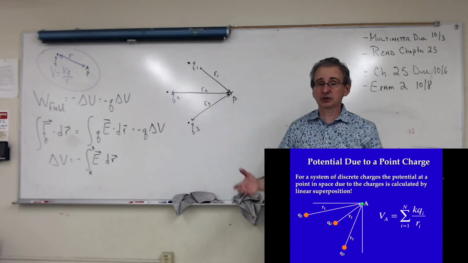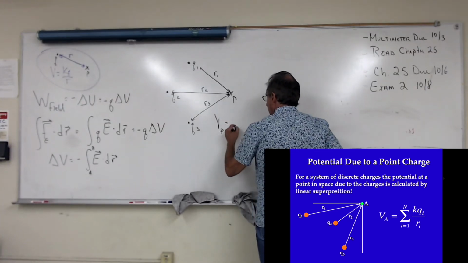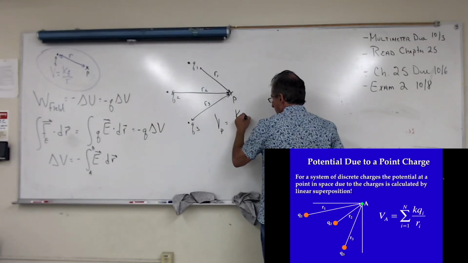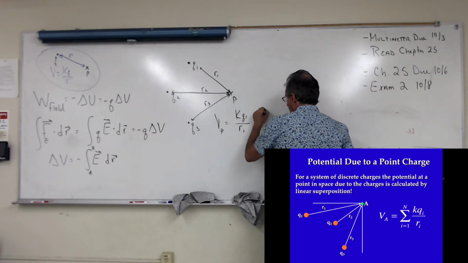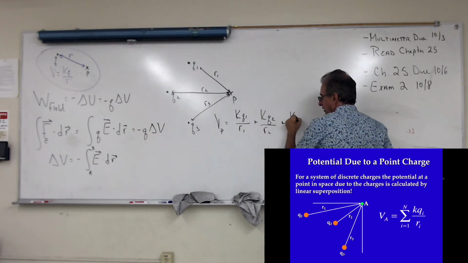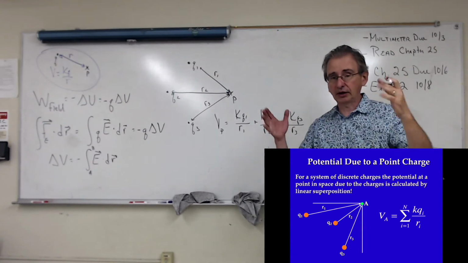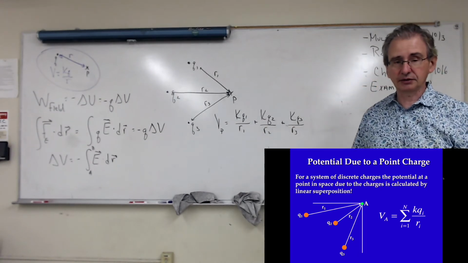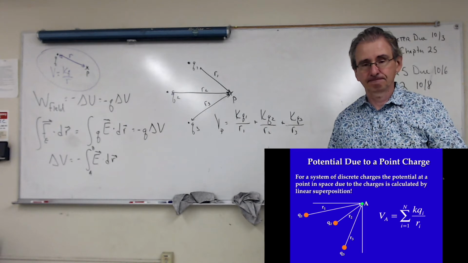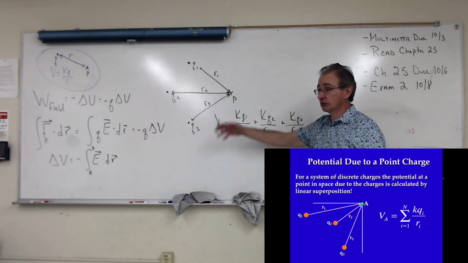We just use the principle of superposition. We say that the electric potential at point P is K Q1 over R1 plus K Q2 over R2 plus K Q3 over R3. You plug in the numbers, you're done. You don't have to worry about vectors. So it's pretty easy to calculate the electric potential due to a system of point charges.